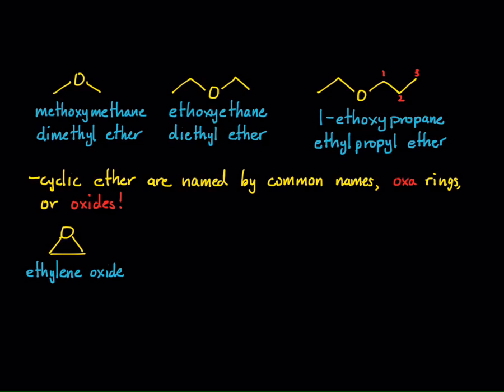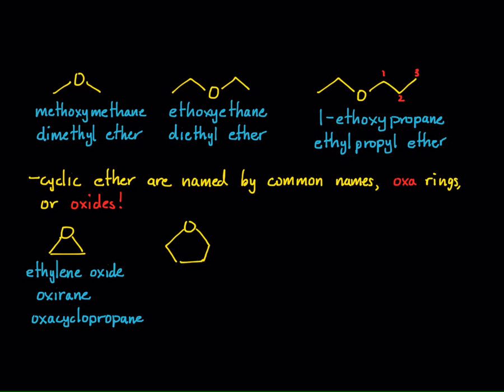Well, it's an oxide. It also has a more common name called oxirane, but it can also be named as an oxa ring. So this is oxacyclopropane. Any one of these 3 names is a correct way of naming ethylene oxide. So typically I call this ethylene oxide.